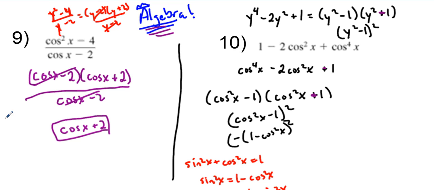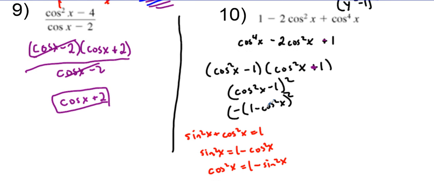So this right here is going to turn into sine squared. Negative 1 squared is 1, and it turns into sine squared of x, squared, which is sine to the 4th x. And that is going to be our final answer.